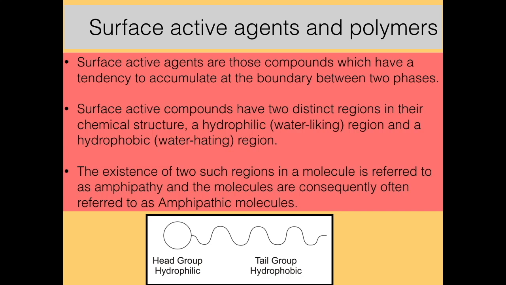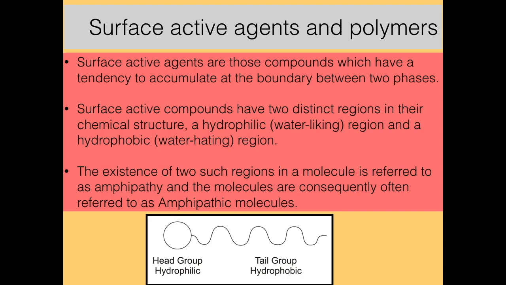The hydrophobic portions are usually saturated or unsaturated hydrocarbon chains, or less commonly heterocyclic or aromatic ring systems, while the hydrophilic regions can be anionic, cationic or non-ionic.